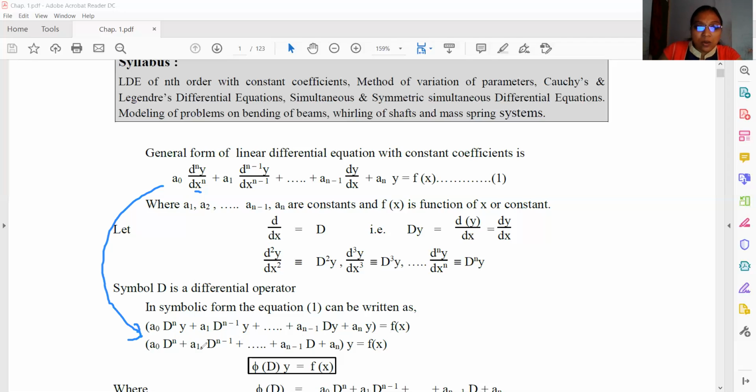Now when we take y common, we have a polynomial in terms of D, and this polynomial will be represented by phi of D. So any linear differential equation we can represent in the form phi(D) y equal to f of x.